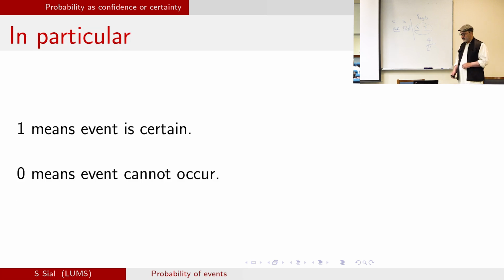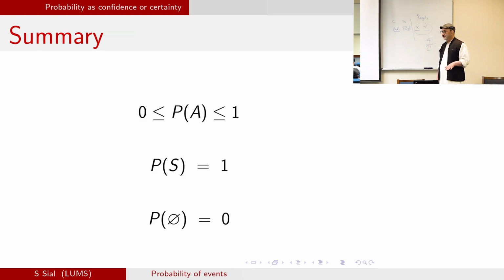So in particular, if I assign a probability of 1 to an event, it means that that event is absolutely certain. That outcome is, right? If I assign 0 to an event, it means that that event cannot occur. We have a sample space S. It's a set.